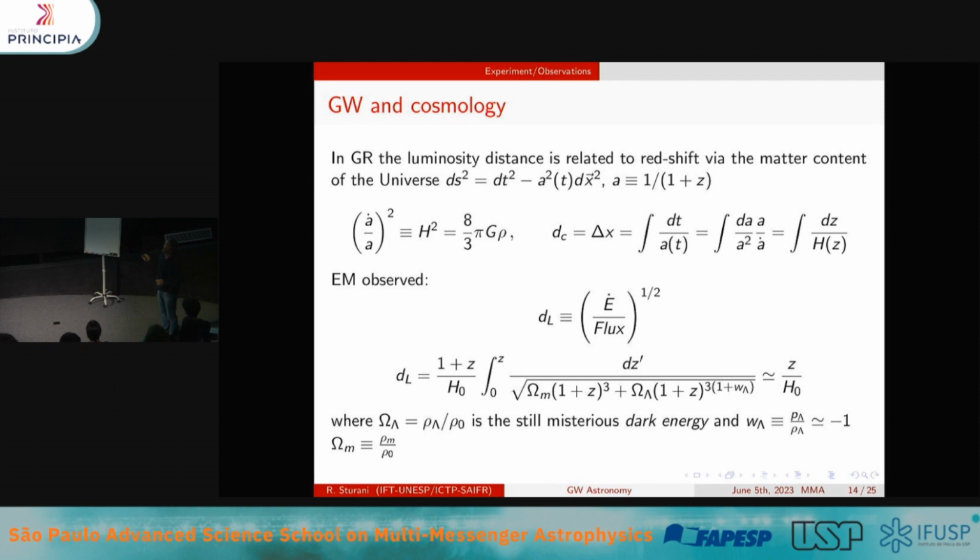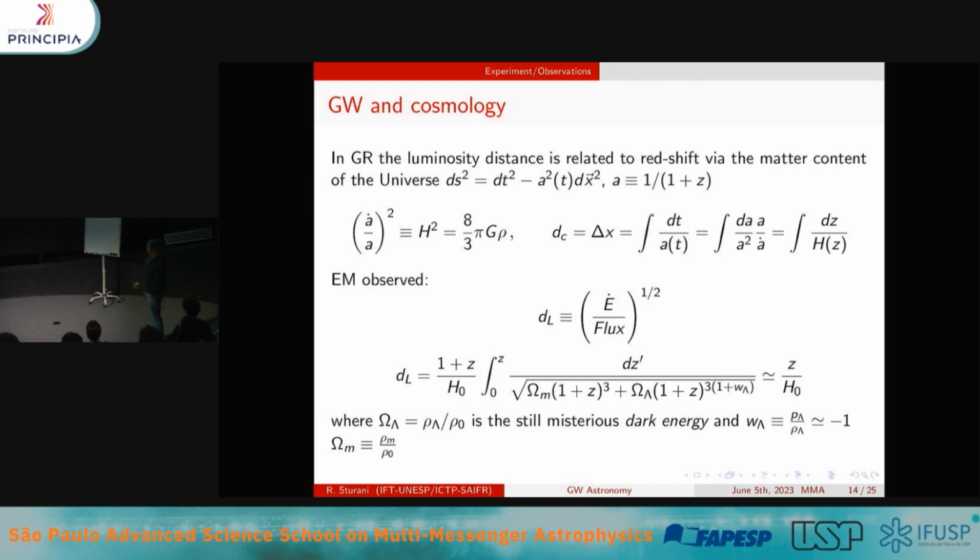So you know the Edot of the source, you know what reaches your detector, so you can know the luminosity distance of that object. Luminosity distance is just this coordinate distance times 1 plus z. So you plug in 1 plus z in this formula, then you trade H for the Friedmann equation, and then you remember that rho is made of different components.